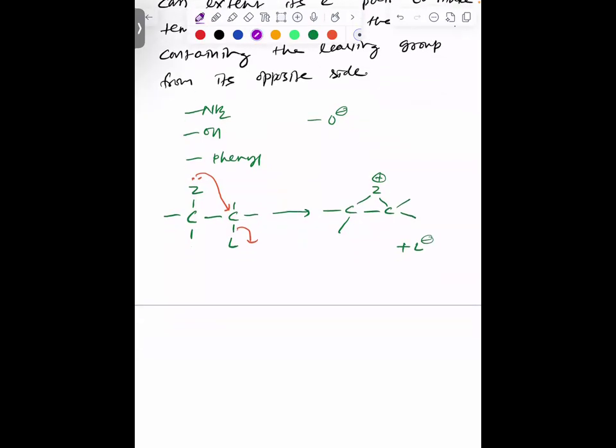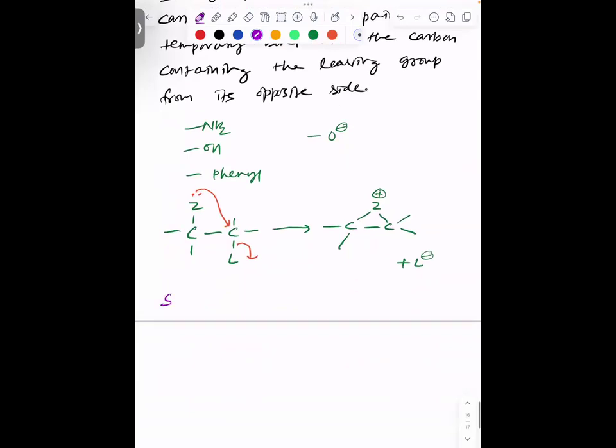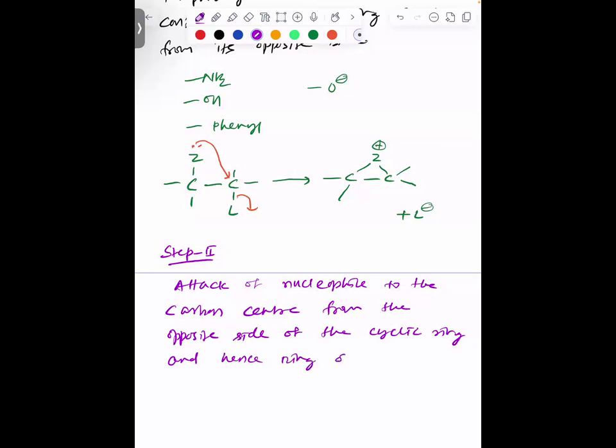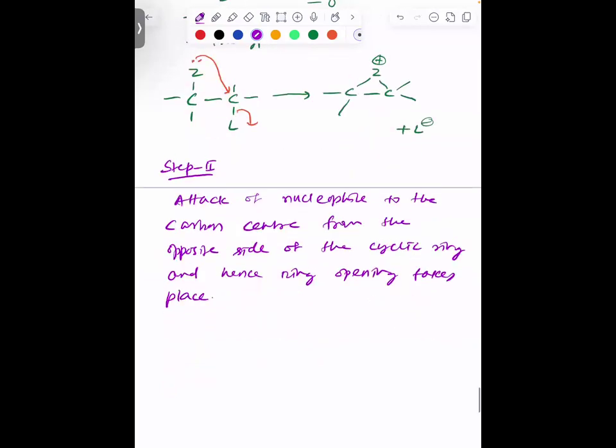Next, what will happen? Step 2: attack of the nucleophile to the carbon center from the opposite side of the cyclic ring, and hence ring opening takes place.